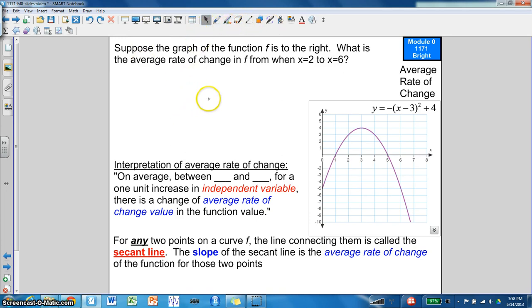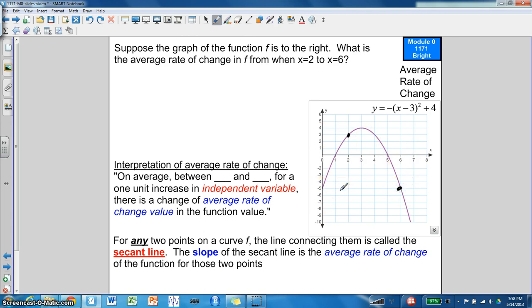Linear functions, and more so their properties, come in very handy when we talk about average rate of change. We're given the graph of f and the equations. We want to know what the average rate of change in f is from when x is 2 to x is 6. Identifying those points, at 2 our y value is 3, and at 6 the y value is minus 5.